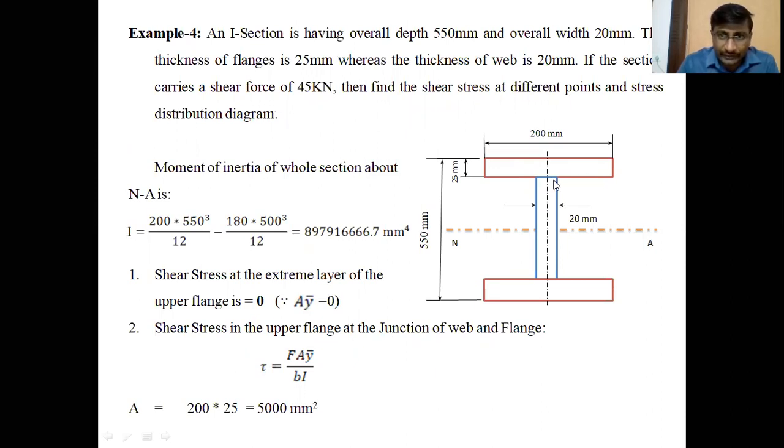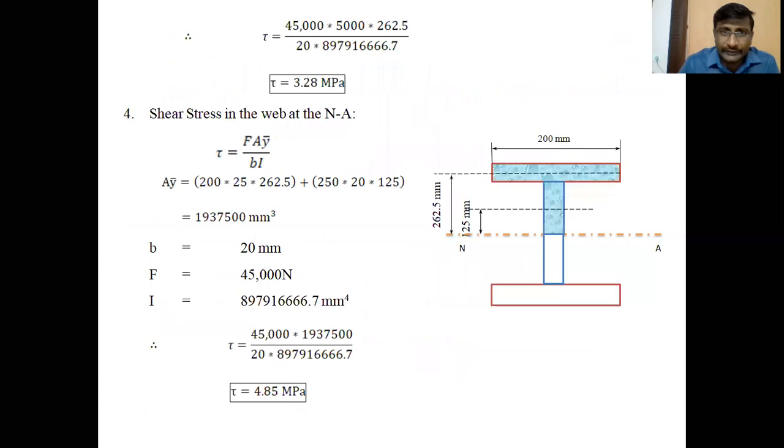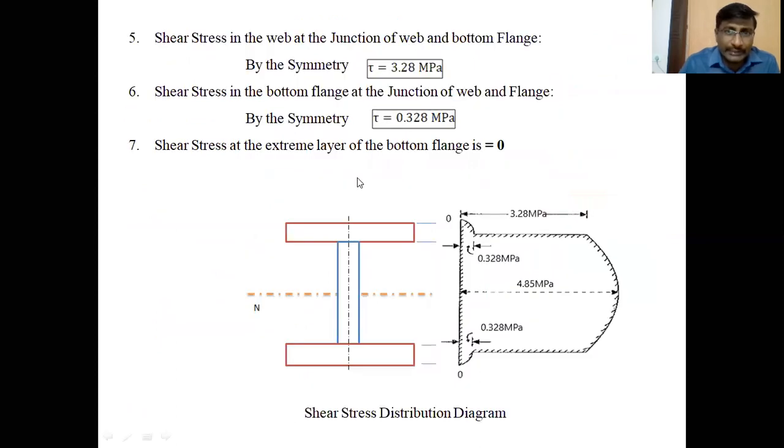So you should calculate at the junction two times: the shear stress in the flange at the junction is one point, the shear stress in the web at the junction is another point, and likewise for the bottom junction. Because of symmetry, these are taken as the same values. So by symmetry, tau equals 0.328 megapascals, as earlier calculated.